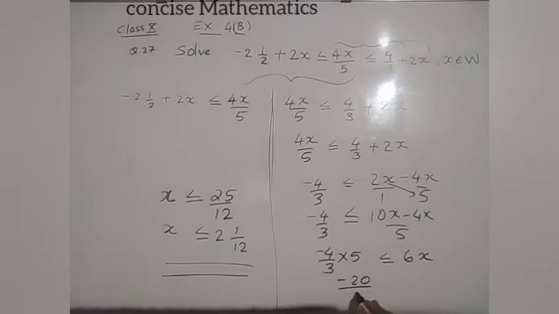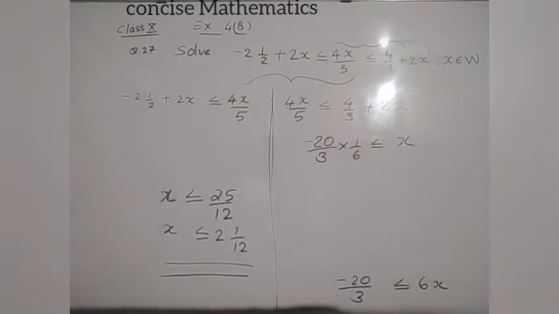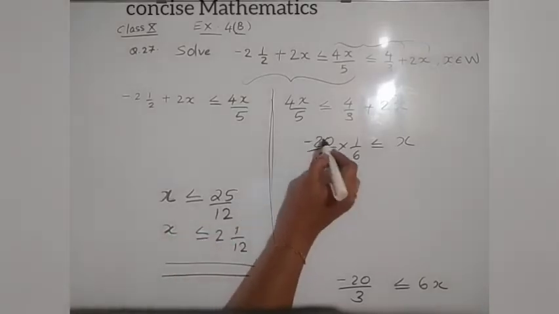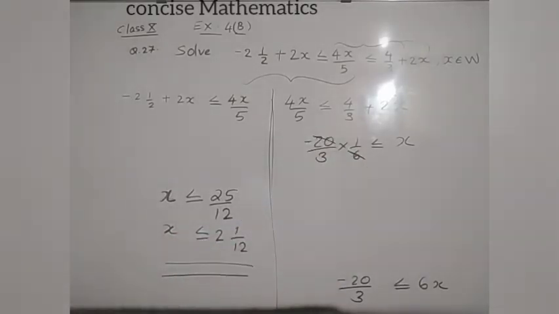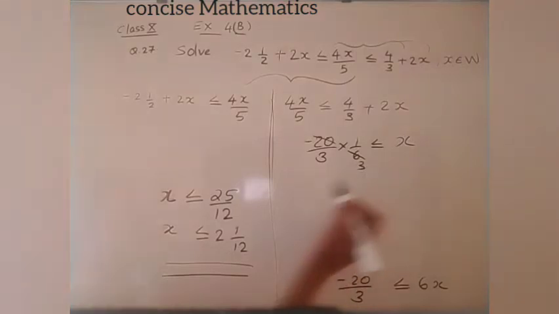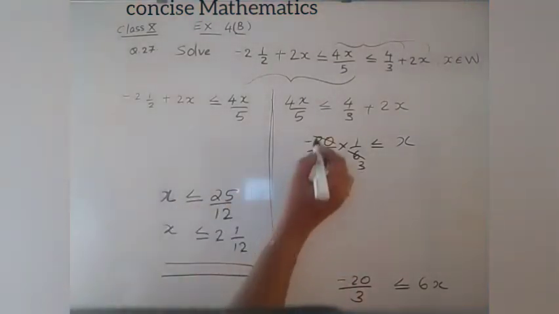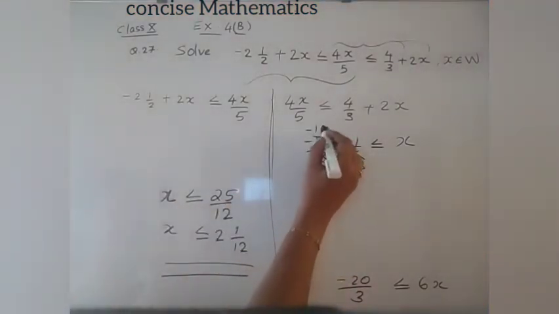Minus 20 by 3 less than or equal to 6x. Or you can write the 6 to the left side as divided by 6: negative 20 by 3 into 1 by 6 gives less than or equal to x. We can cancel 20 and 6: 3 2's are 6 and 10 2's are 20.